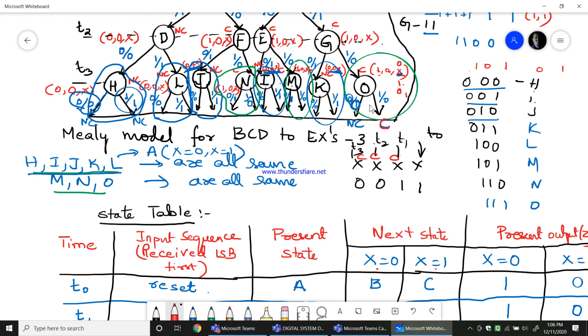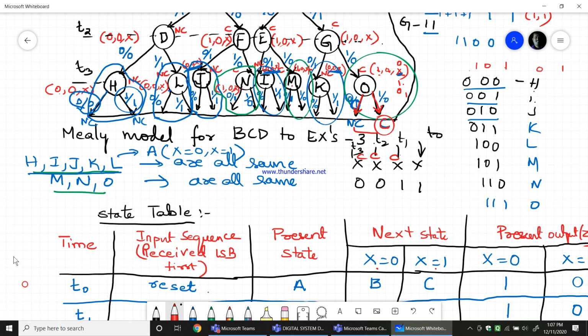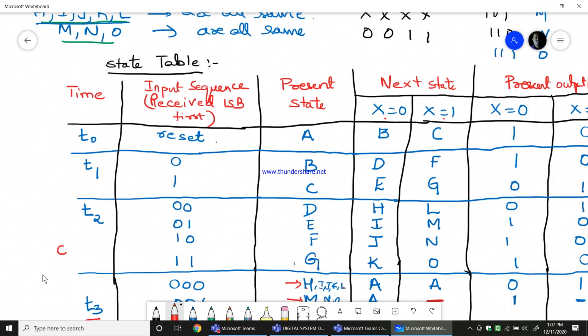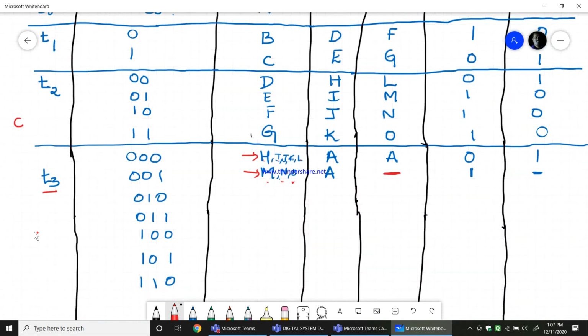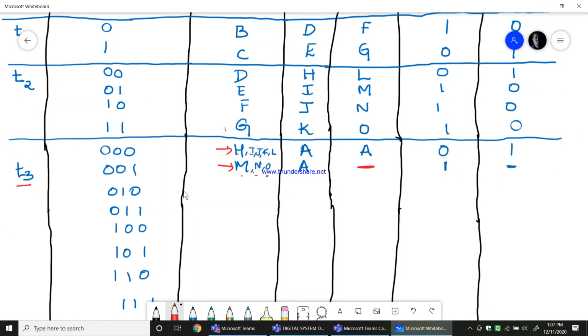So this is carry, where this is no carry. Therefore, this will go back to state A, but this we don't know for which state it goes. For that reason, at x equals 1, we have written this dash. Understood?